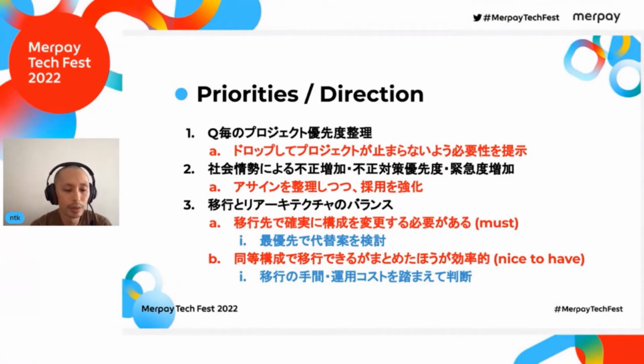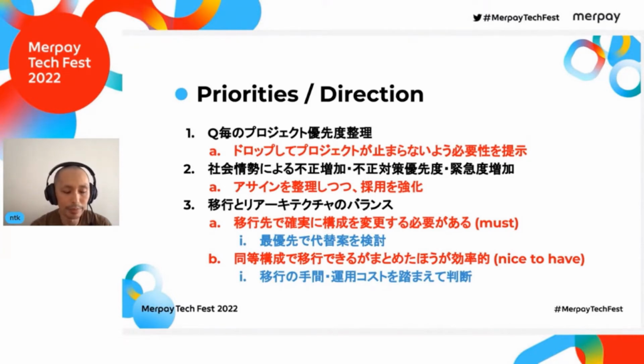In judging a direction, we try to take a balance between migration and re-architecture by organizing their priority levels. We considered items that cannot be substituted at the destination or that would certainly require a configuration change to be the top priority to be replaced and designed.